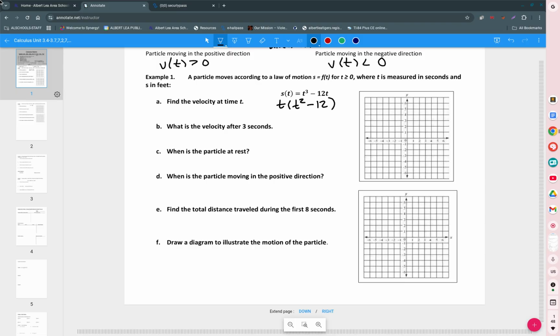I know then that the function crosses the x-axis at 0, and at plus or minus the square root of 12. Everybody agreed? The square root of 12 is about 3.5. So I'm going to go back to 3.5 here, here, and here, and we draw the position function.